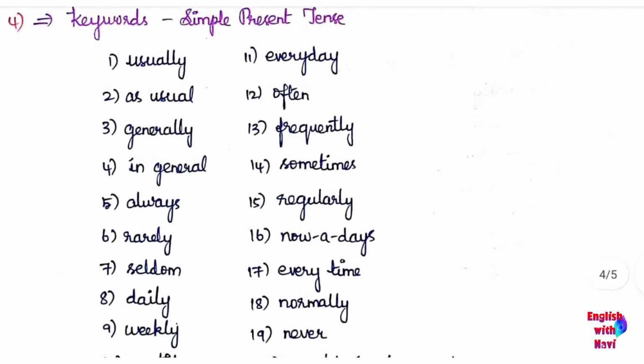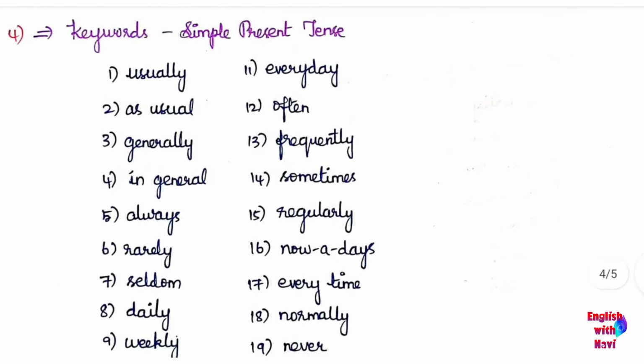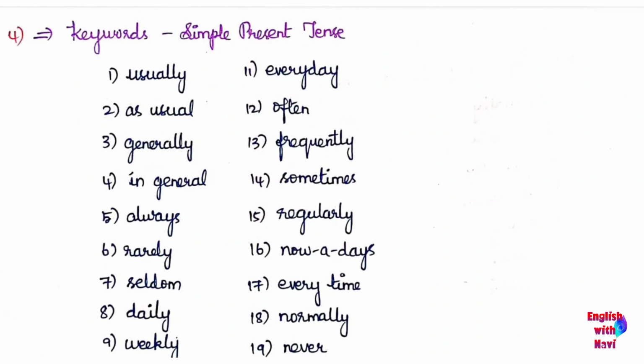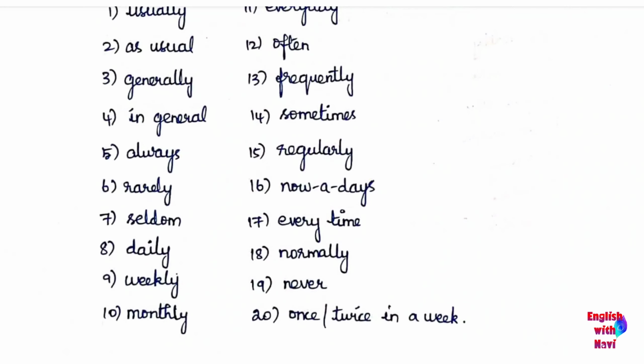Usually, as usual, generally, in general, always, rarely, seldom, daily, weekly, monthly, every day, often, frequently, sometimes, regularly, nowadays, every time, normally, never, once or twice in a week, maybe thrice. Alright. So these are the things that you have to remember always.